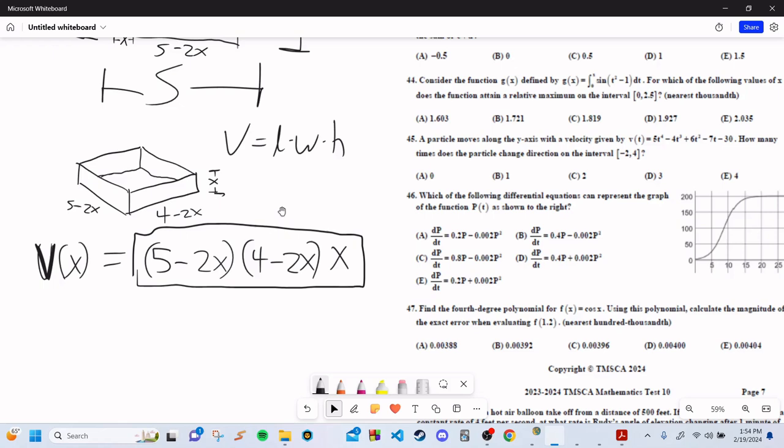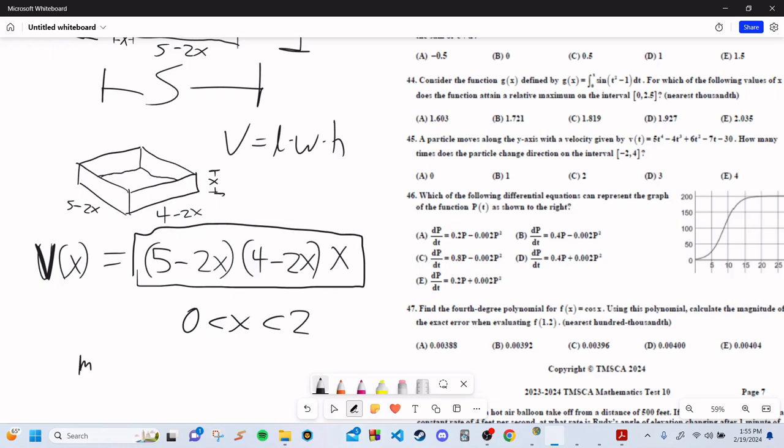So after you graph it, also note that the only possible values x can be are between 0 and 2, because if x was greater than 2, we'd have a negative length here, which is impossible. So x can only be from 0 to 2. So with that in mind, we're going to look for the maximum value between 0 and 2.